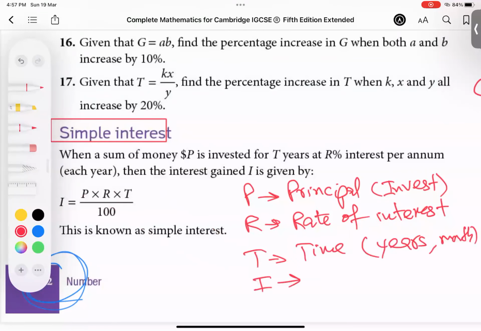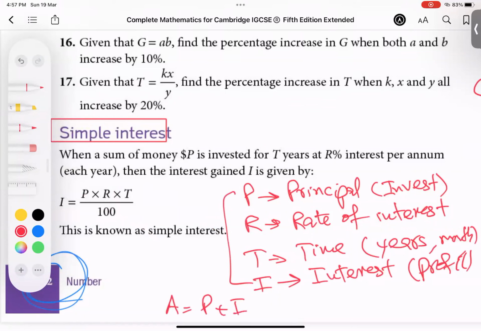Interest or profit. One formula is not mentioned here, and that is A is equal to P plus I. A is called the total amount, net amount. And P stands for investment.